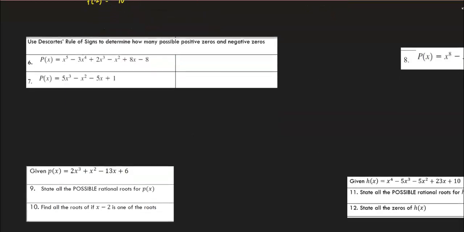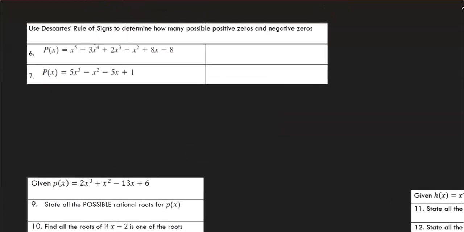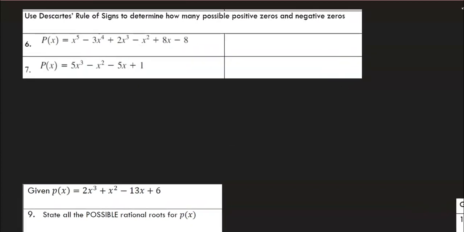So we're going to use the Descartes rule of signs to determine how many possible zeros there are. We have to look for sign changes. For this right here, we're looking for positive zeros. We have a sign change here. That's 1.